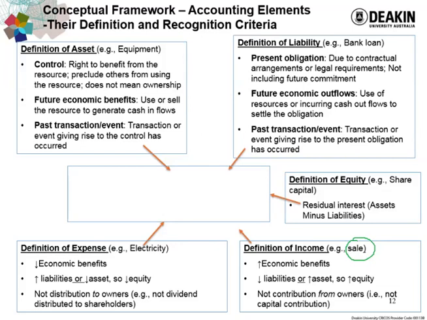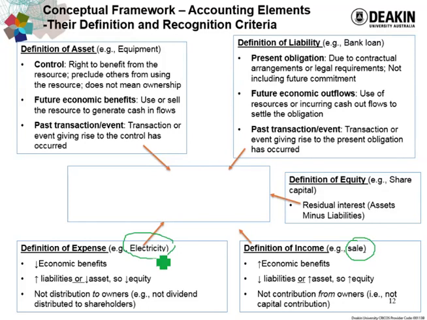For example, if we talk about dividend, dividend is not an expense because you pay dividend to shareholders. It is a distribution to shareholders or owners. On the other hand, if you talk about electricity expense, that will be a form of expense because you are paying the electricity expense to the utilities company, not to the owners or shareholders.